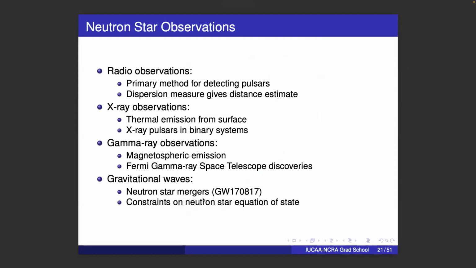Neutron star observations. So radio observations are the primary method for detecting pulsars. And dispersion measure gives the distance estimate. So the dispersion measure is commonly used as a proxy for the distance to the pulsar.